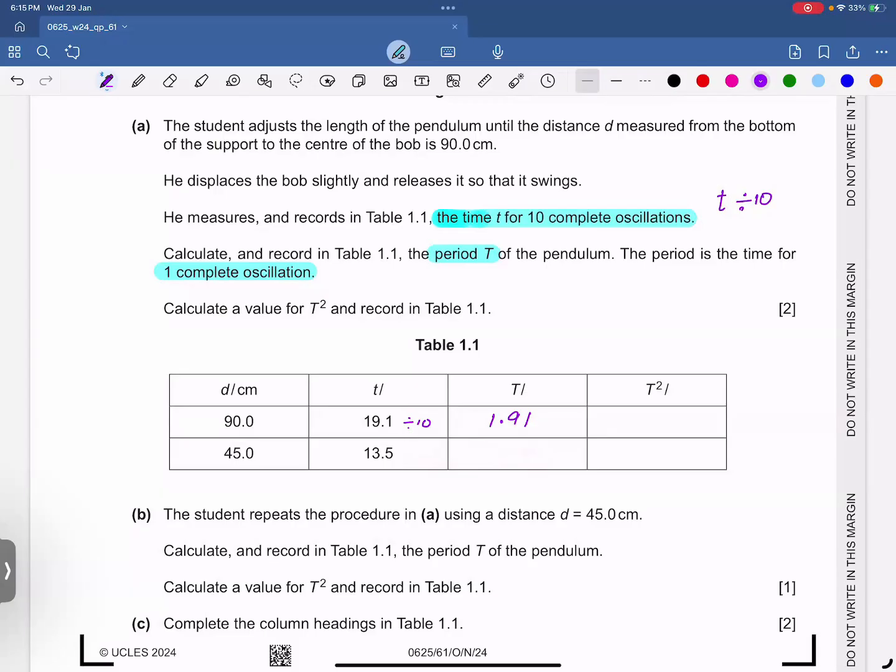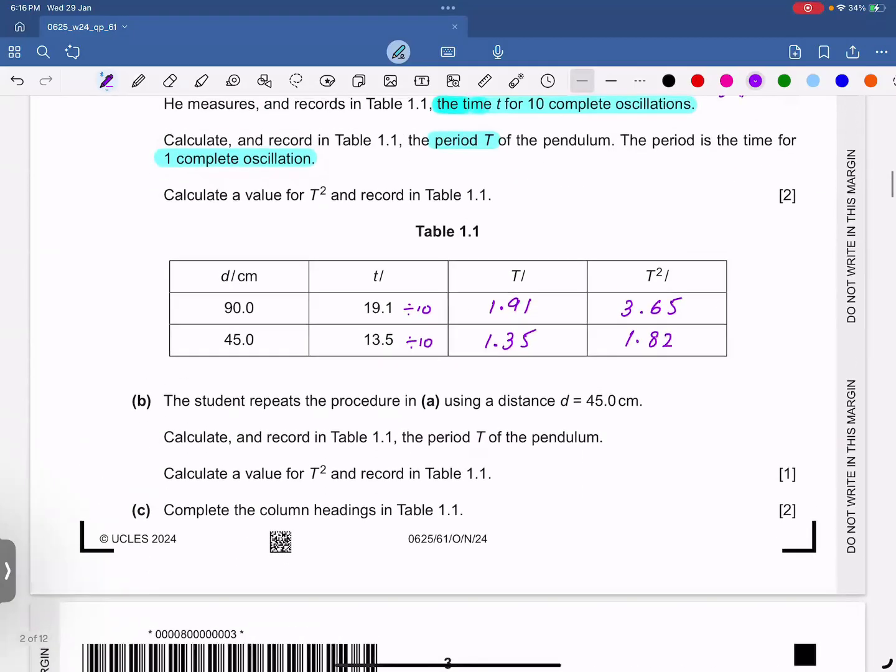So you write with 3 significant figures, 3.65. You repeat the process, same for the next one. You divide this by 10, you write it 1.35, you write its square, also with 3 significant figures. Actually, it is 1.8225. You will write 1.823. 1.82 is enough, being 3 significant figures.